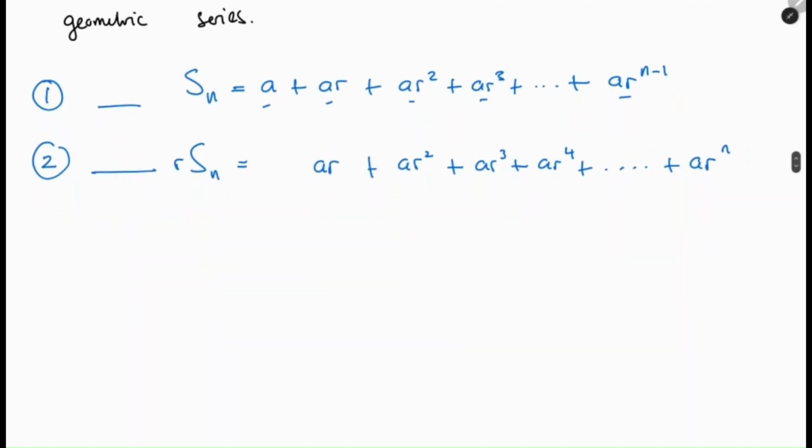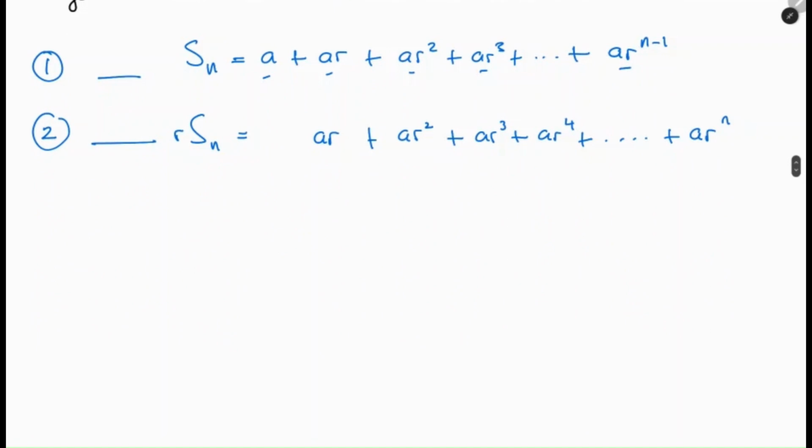Okay, so why did I do this? Well, here's the cool trick I was telling you about. What I'm going to do next is take equation 1 and subtract equation 2. So on the left hand side, I'm going to get Sn minus r Sn.